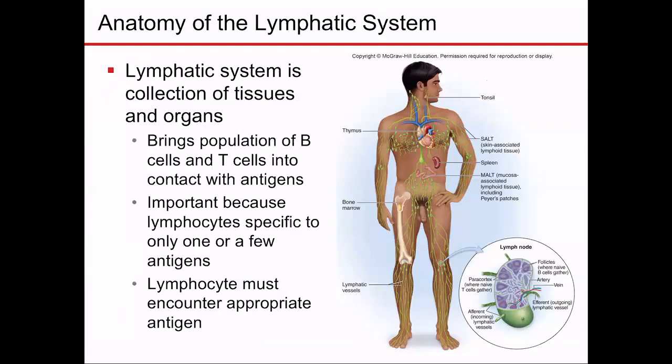You already know from anatomy and physiology that this is a system that has primary organs, like the case of bone marrow and the thymus, and then also has what we call secondary lymphoid organs, like lymph nodes, like tonsils, like the case of skin-associated lymphoid tissue, and mucosa-associated lymphoid tissue.